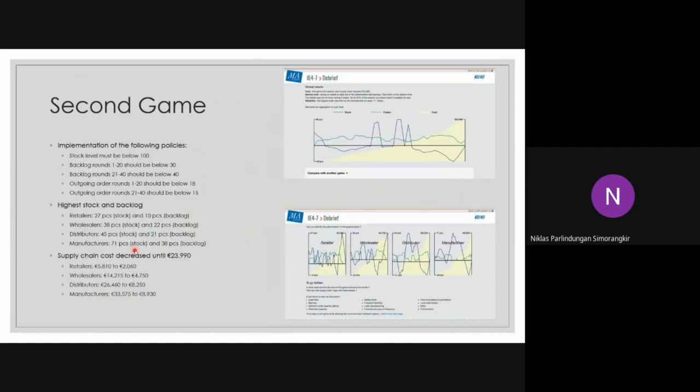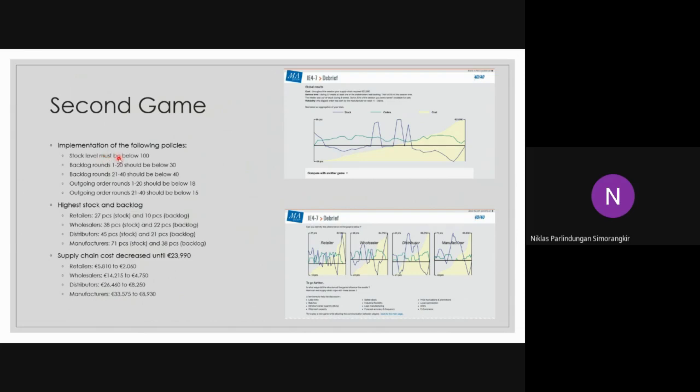So I have to explain a bit about the implementation of the following policies. We have 5 here. The stock level must be below 100. This was based on our experience with the previous game, where the stock level was quite high at times, and it went out of control. So we need to limit it to only below 100, as it is difficult but realistic and can be achieved. The same goes for the backlog rounds.